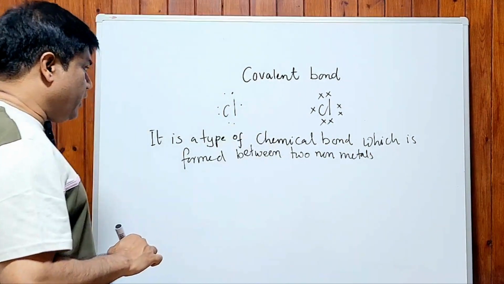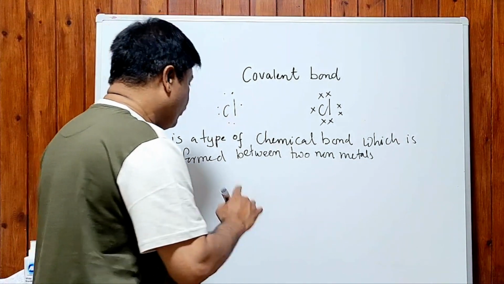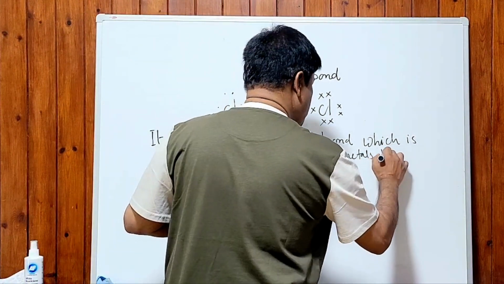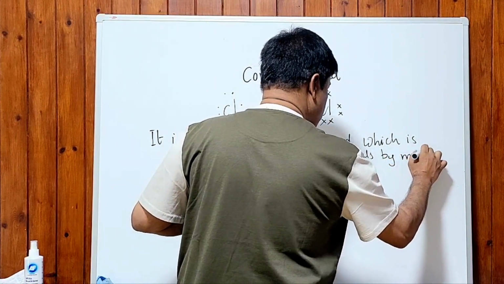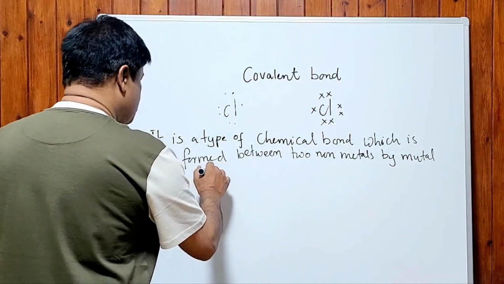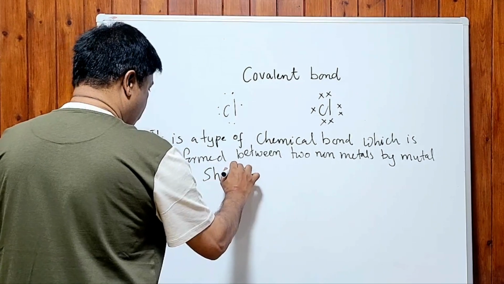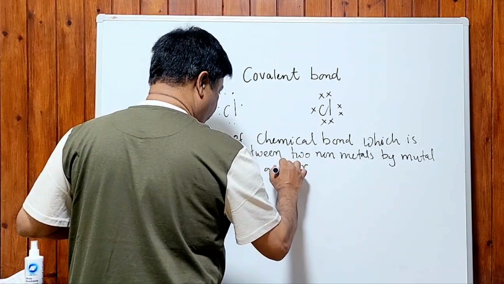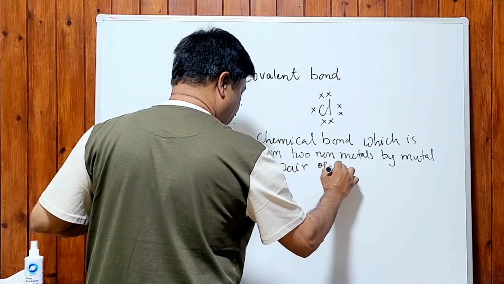How is it formed? It is formed by mutual sharing of a pair of electrons.